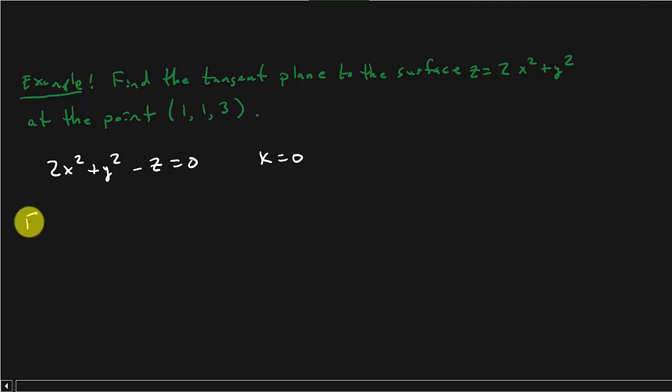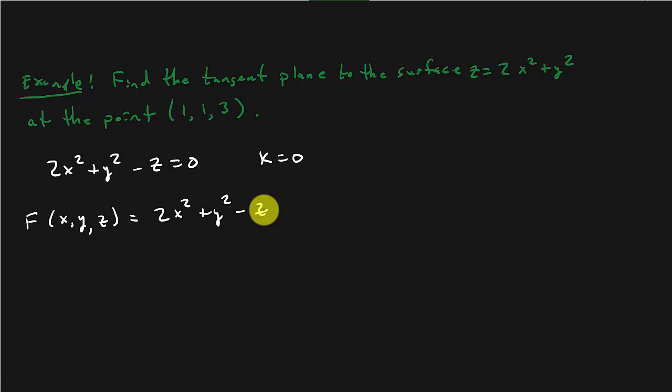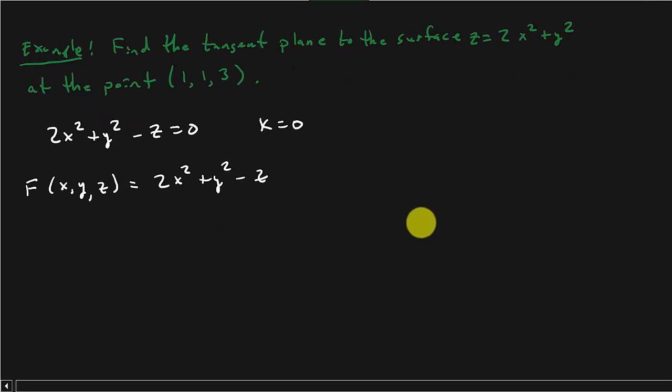So you're going to do it the same way. Your f of x, y, z in this case is equal to 2x squared plus y squared minus z. That's really the only thing different, showing you move that z over, but then it works just like the other one, and we're just finding the equation for the tangent plane.